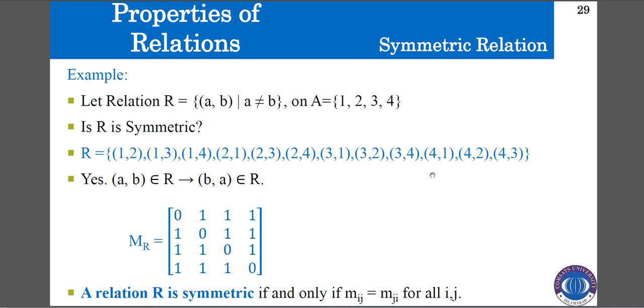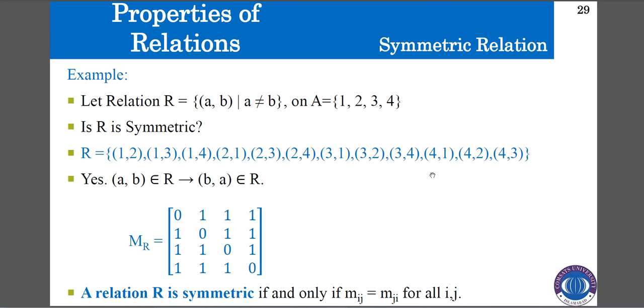First we get the relation: (1,2), (1,3), (1,4), (2,1), (2,3), (2,4), (3,1), (3,2), (3,4), (4,1), (4,2), and (4,3). Let us consider the first pair (1,2). The first element is 1 and the second element is 2, and we also get the pair where a is 2 and b is 1.